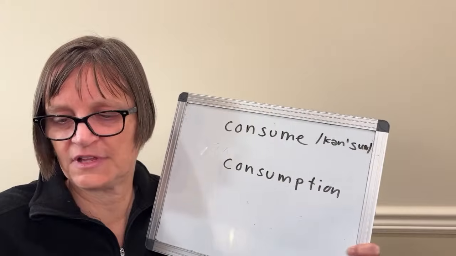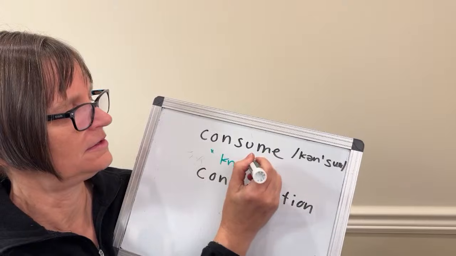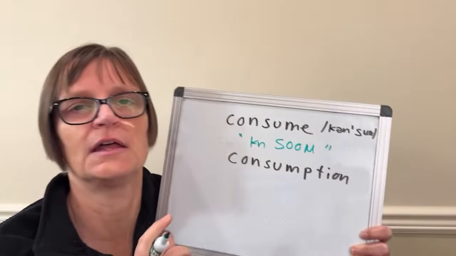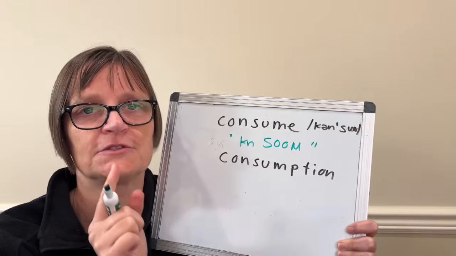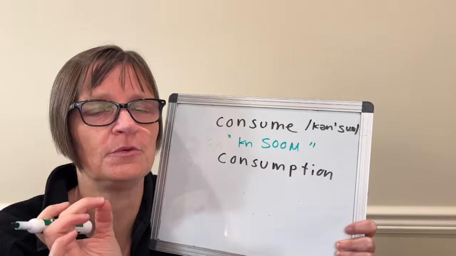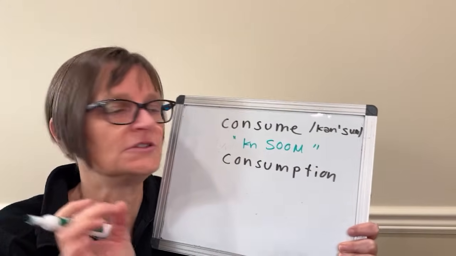So it sounds like consume. One thing to watch out for here is that we don't have any y sound. It's not sum with a y, but rather just sum. So in British English you might have learned consume with a y. In American English, just sum, consume.